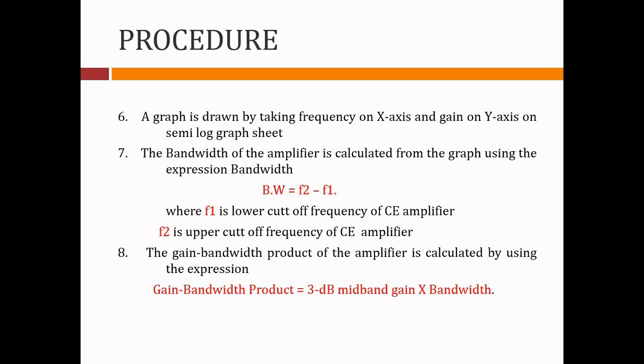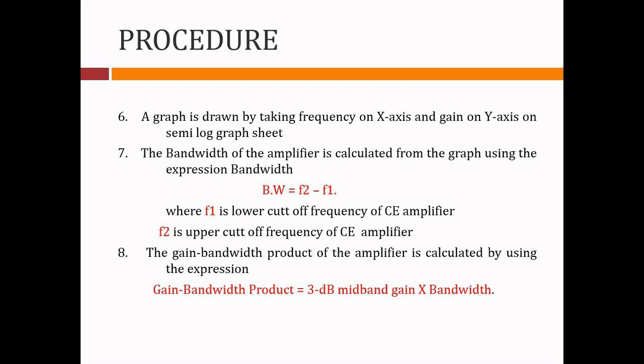Once we vary the input signal, there are two cases here. One is to keep the input voltage constant and vary the frequency from say 10 Hz to 1 megahertz from the function generator, and note down the corresponding output voltage. And using the semilog paper, you have to plot the frequency response.